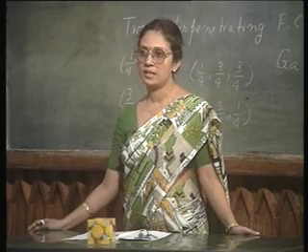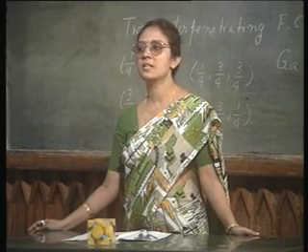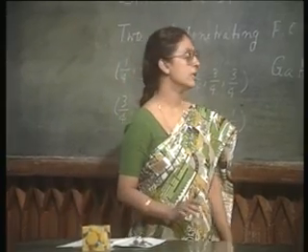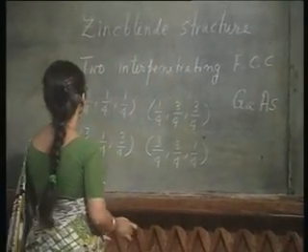Now, silicon is a degenerate form of zinc blende structure. This is called a diamond lattice.